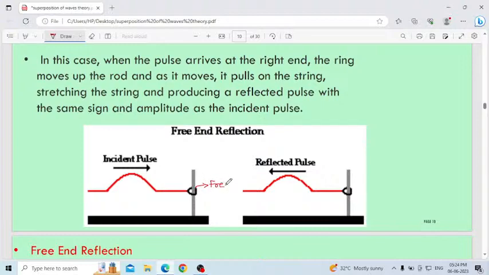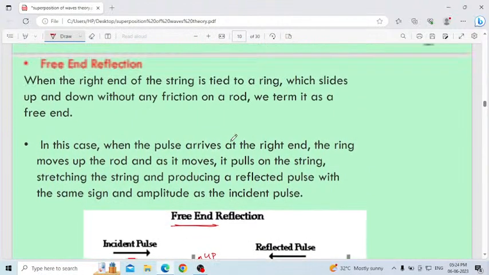Free end means it can move up and down. There will be free movement. But in the last case we discussed, the fixed end, there is no movement at this point. But free end reflection means there will be a movement.